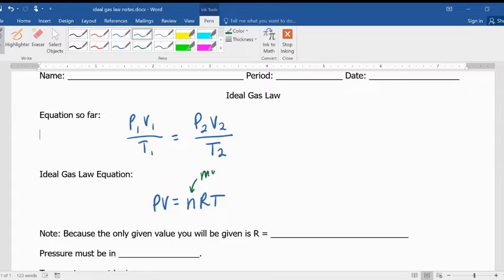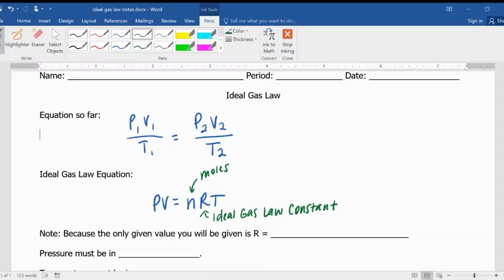It's something called moles. R is the ideal gas law constant. And that is always going to be the same number, which we'll talk about here in just a second. And T is temperature, just like before.